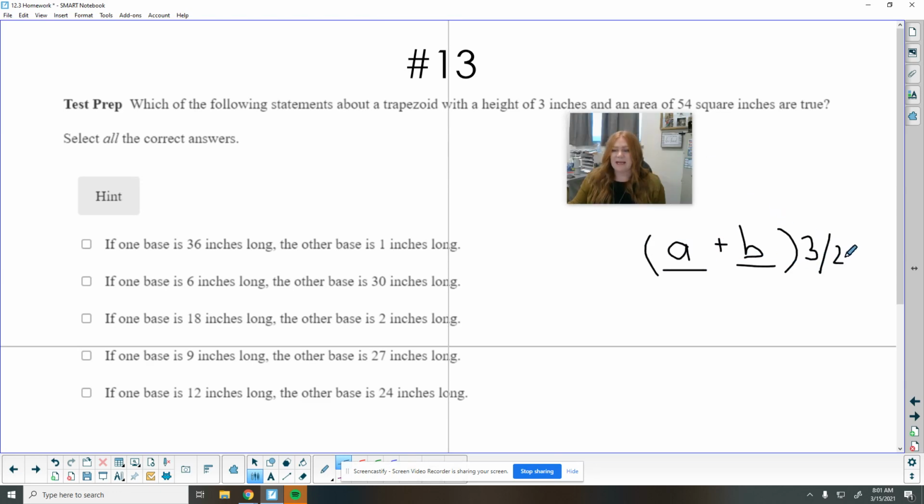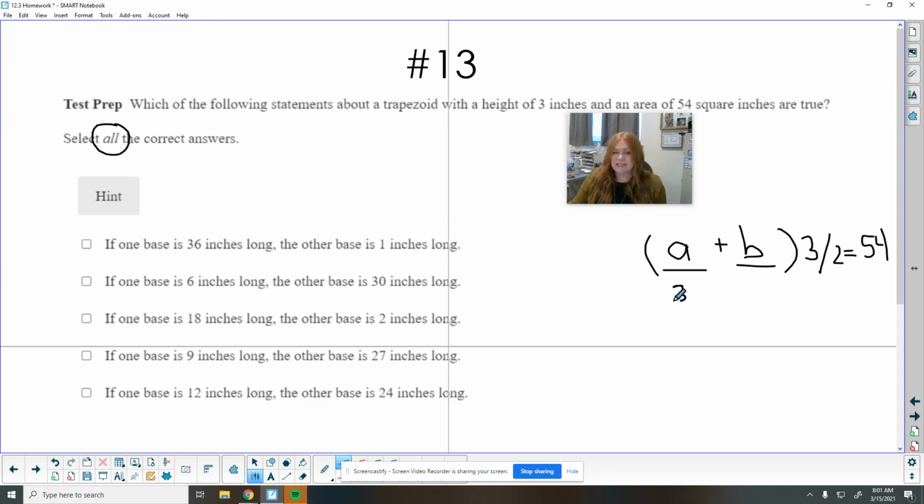When we cut it in half, it equals 54. So let's see which is true. We just need to go through each of these and see which ones are true. I will help you with the first one, and then I'm going to let you try the other ones here. Notice it says select all that are true, so there's going to be more than one answer here that we need to find.